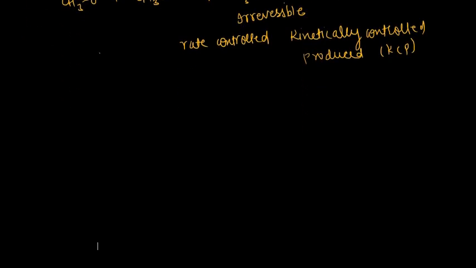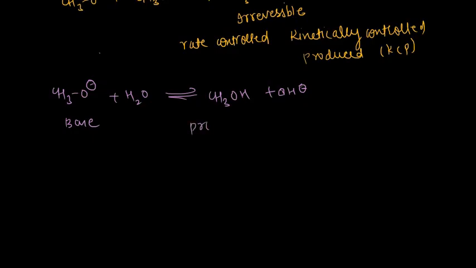Next we're going to look at when CH3O minus acts as a base and reacts with an acid. Then it will form CH3OH plus OH minus. Proton acceptor tendency is actually base.